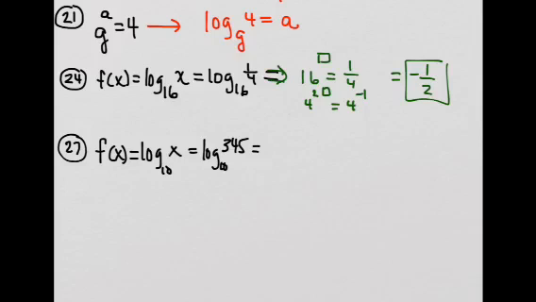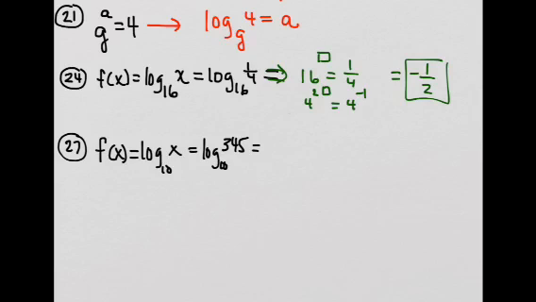Okay, for number 27, we need a calculator. Because there's no way you can solve that without a calculator, because this is saying 10 to some power is 345. Okay, so you don't know what the power is.